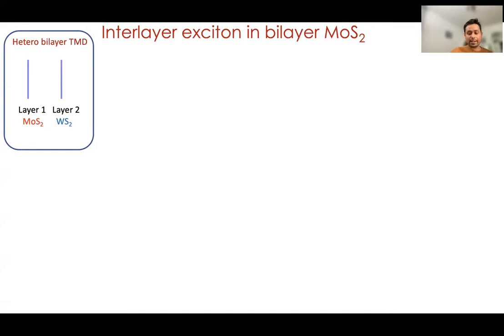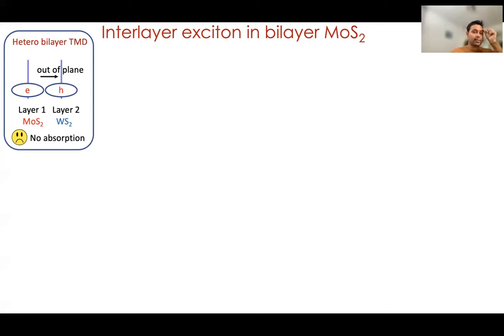But before we go to bilayer MoS2, let's study a little bit more traditional heterobilayer TMDCs, which also host interlayer excitons. For example, when you lay a layer of MoS2 on a layer of WS2, because of type 2 alignment, charge separation happens between the two layers. One layer has an excess of electrons and the other layer has an excess of holes.